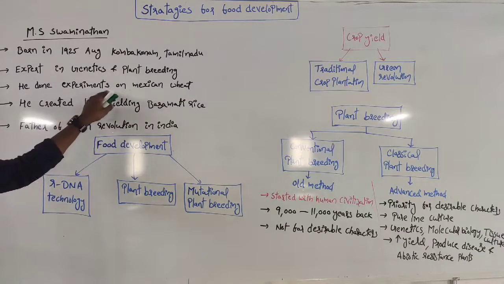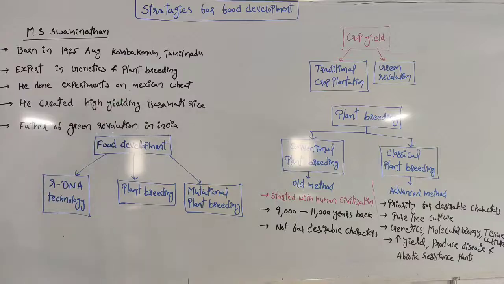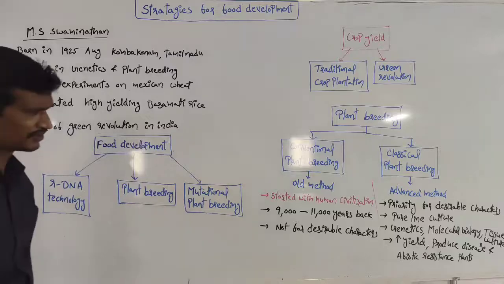He also supported a certain part of the Green Revolution throughout the world. But basically he is a very popular and very best scientist in India, which is why he is called the father of the Green Revolution in India. He also created a high-yielding basmati rice.